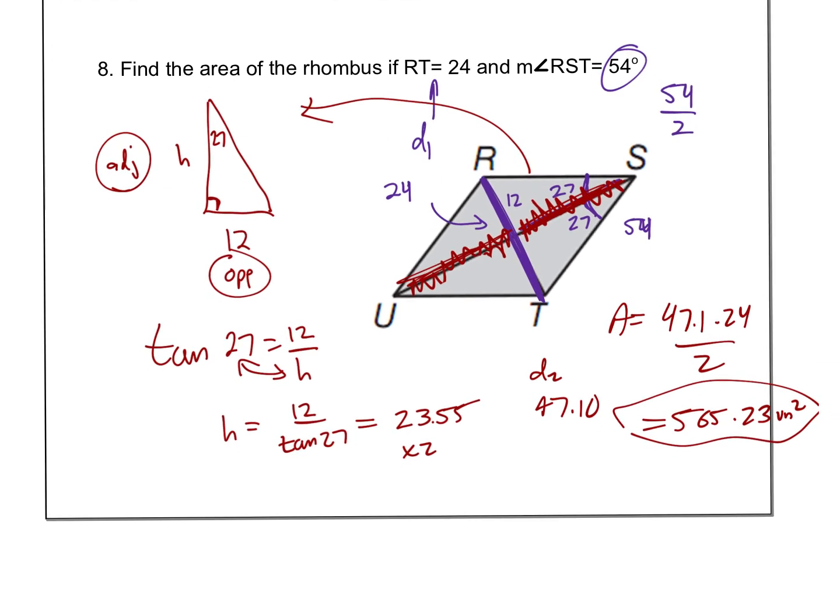And that's it. That's a good review of right triangle trig. So play around with 8.2. Do the worksheet and the quizzes. And I look forward to answering your questions. Thank you.